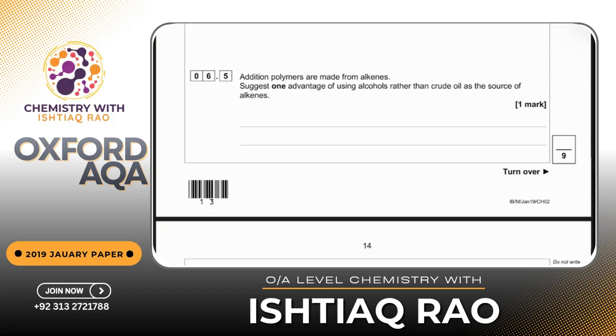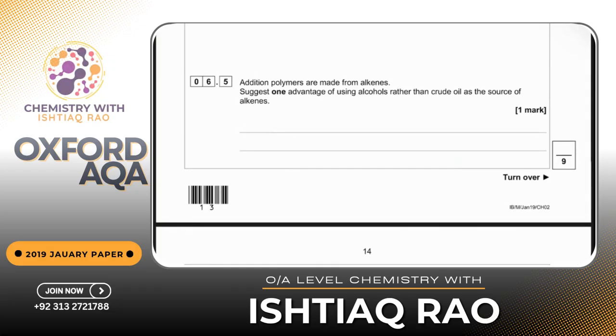Because addition polymers are formed from alkene, we can also convert alcohol into alkene by dehydrating it, and we can also get alkene from the crude oil. So the advantage is that alcohols are made from sugars which are renewable, but crude oil is non-renewable. This is the advantage. It's only 1 mark. So I would say crude oil is non-renewable.